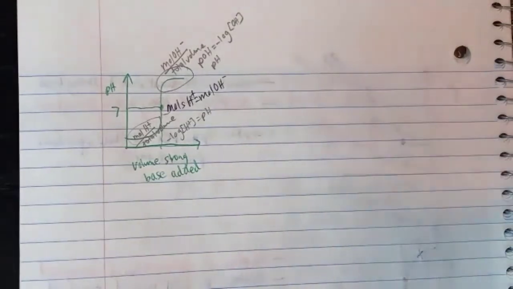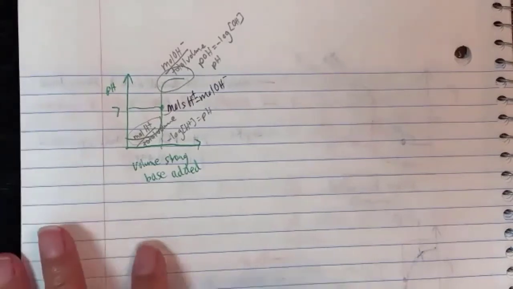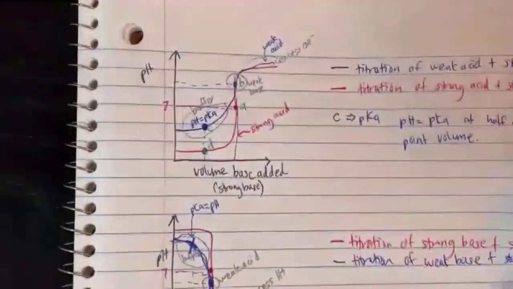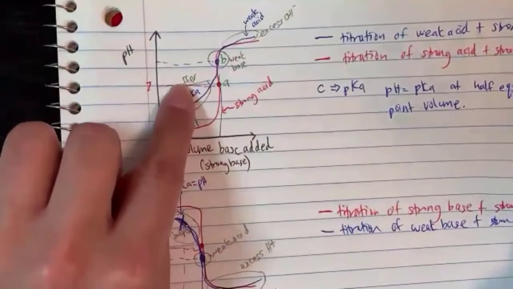All right. Now let's do a weak strong calculation. As you notice, the weak strong calculation will have buffer regions, and we'll have weak acid, weak base calculations. So it depends on the example. Remember, I showed you the kinds of regions. We have the buffer region before the equivalence point.